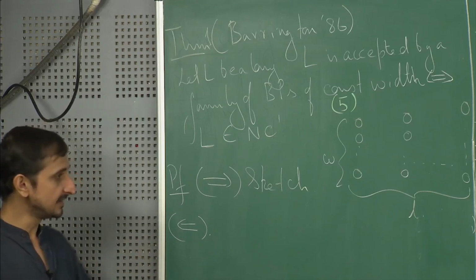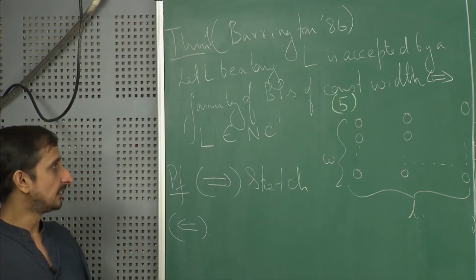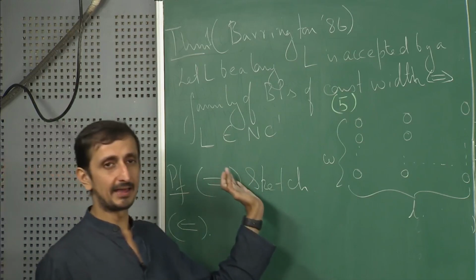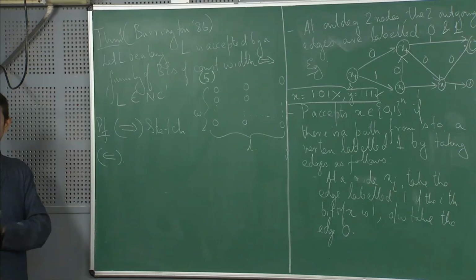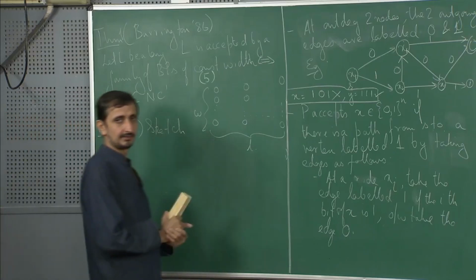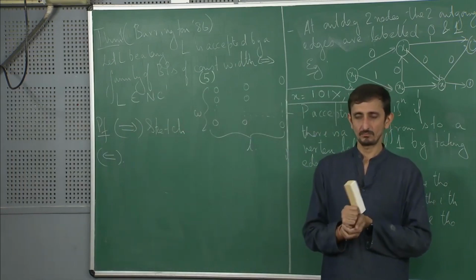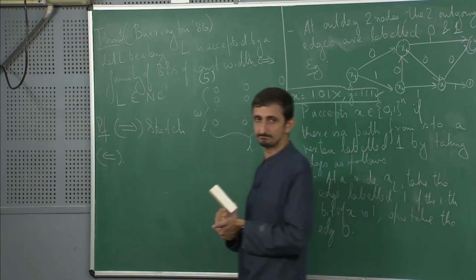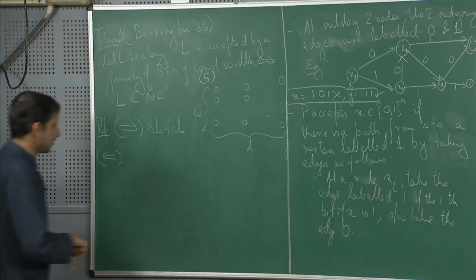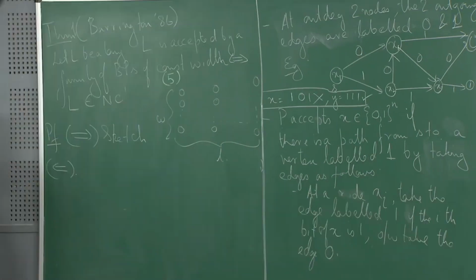Next I will define what a permutation branching program is, and then we will show how any language L can be accepted by a permutation branching program. Any questions at this point? Okay, so let us first look at what a permutation branching program is.